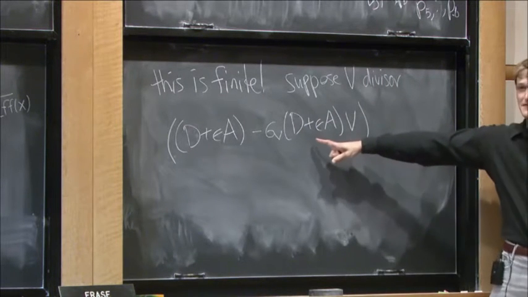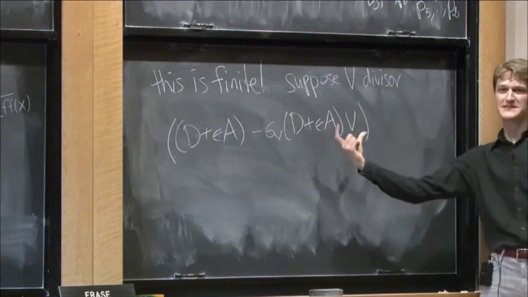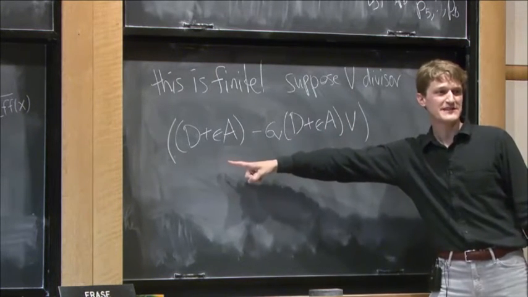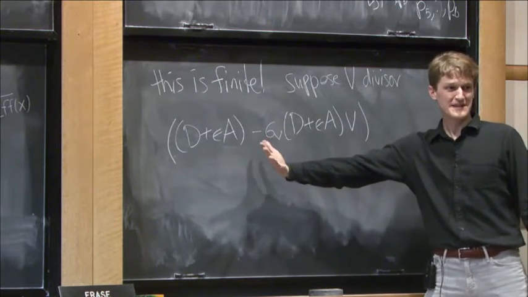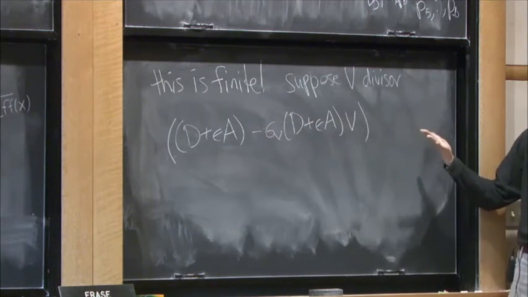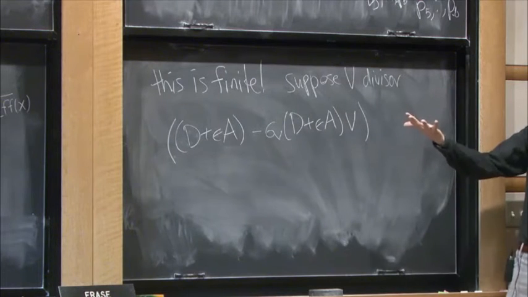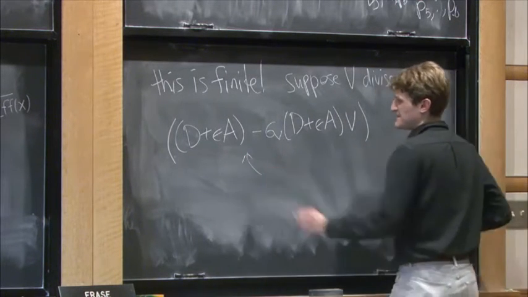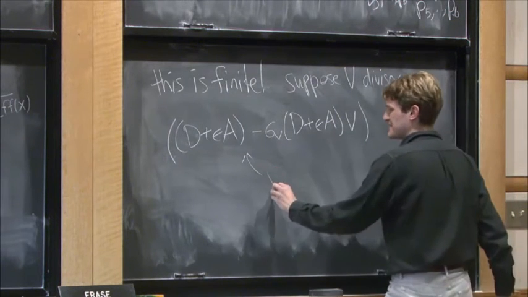Because sigma v of d plus epsilon A is just how many times, with what multiplicity, v is in the base locus of d plus epsilon A. If you subtract off the number of times the thing is in the base locus, you're still going to get something effective. Or if you have an effective divisor, you subtract off its fixed part, it's still effective. And so the epsilons make it pseudo-effective, but it's not a big deal.